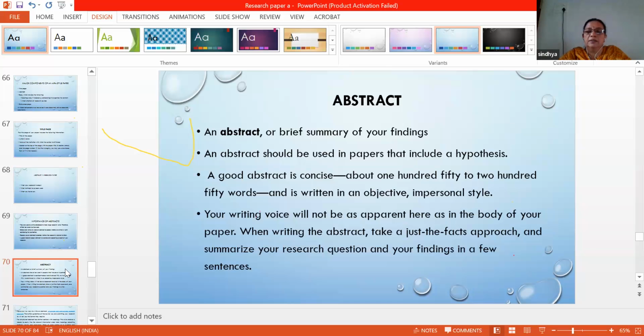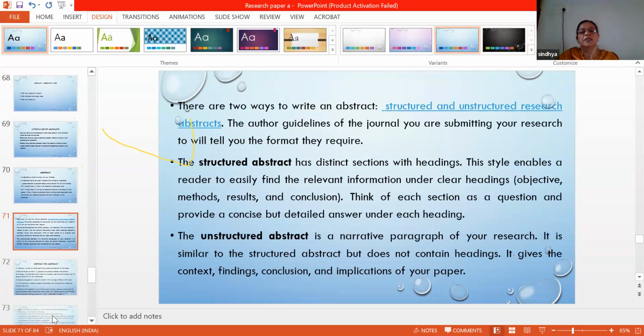Many journals demand a good abstract, and it should be concise, and your writing voice will not be as apparent as in the body of the paper. When writing the abstract, the facts, approach, and a summary of your research question and findings can be included in a few sentences.